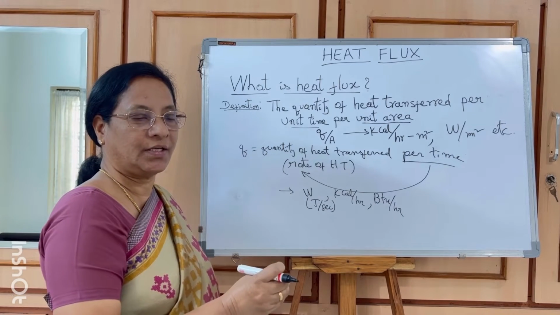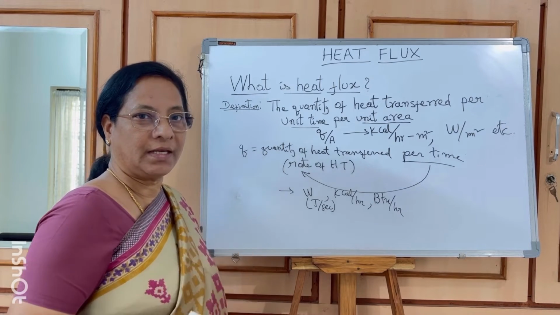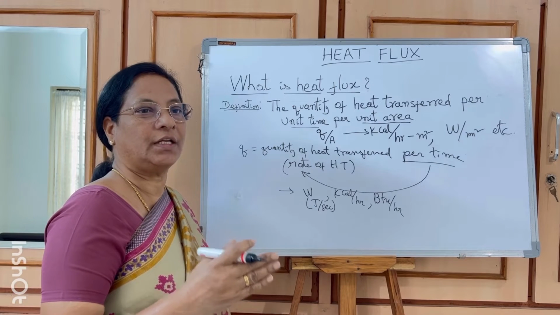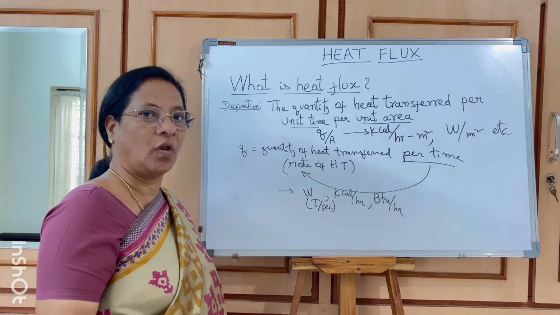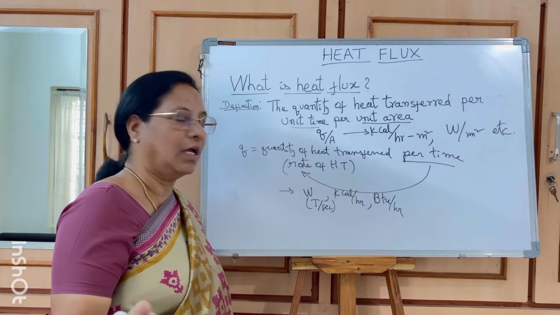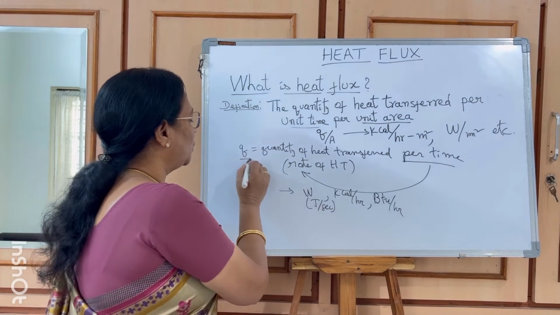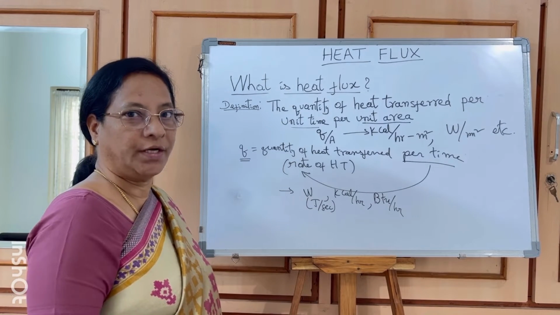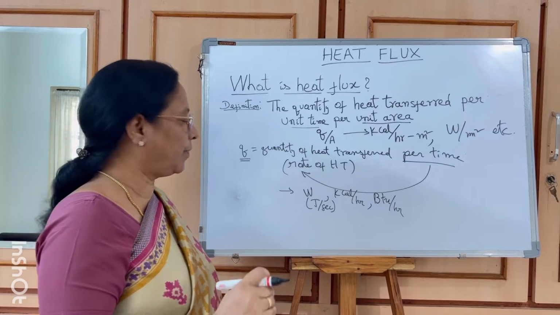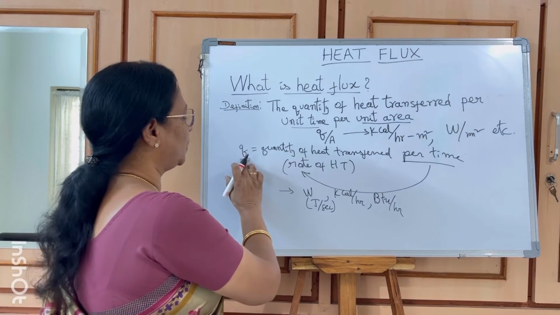We always try to calculate Q in heat transfer. In chemical industries there are many applications, like what amount of heat is lost from a surface, like from a furnace wall or from steam pipes. That is why Q is the most important quantity we need to calculate. Our problems are always to calculate Q only.